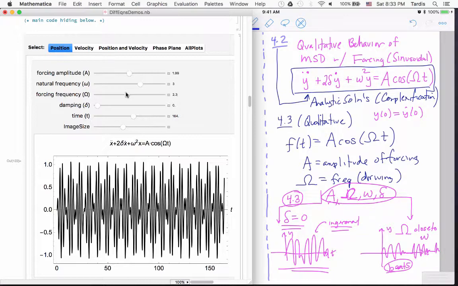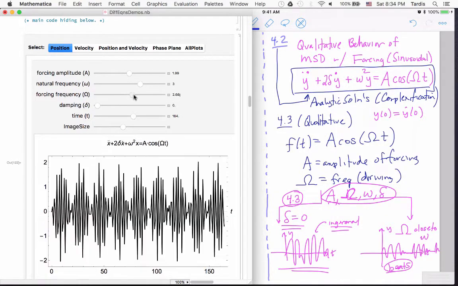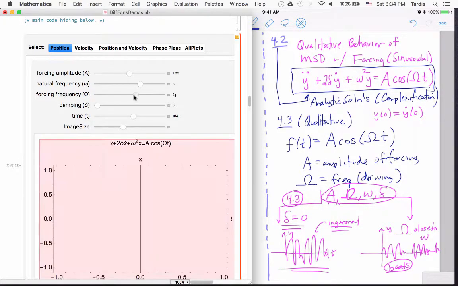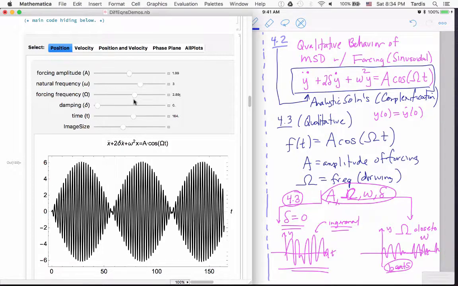So when damping is equal to 0, the only special change in the behavior of the oscillations is when you get the beating phenomenon happening. The beating phenomenon occurs when the frequencies are getting close to each other.